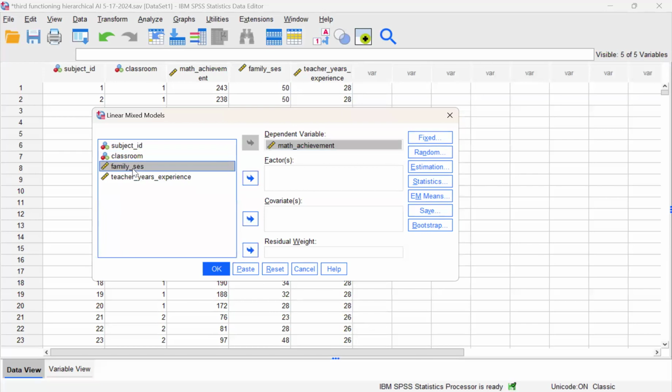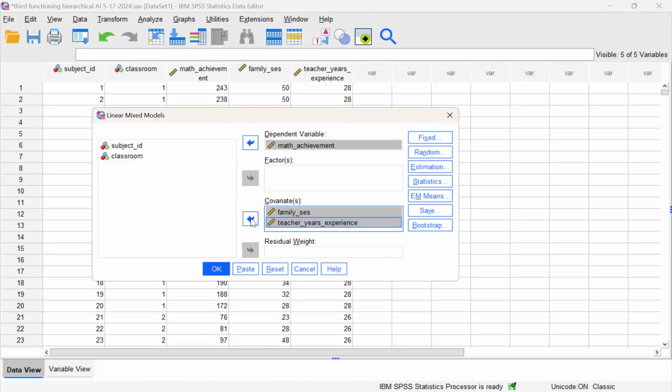We have 2 covariates available: family SES, which is our L1, level 1 predictor, and teacher years of experience, which is our L2, level 2 predictor. We don't have any factors. Factors would be dichotomous, nominal, or polytomous variables, and we don't have any of those right now.